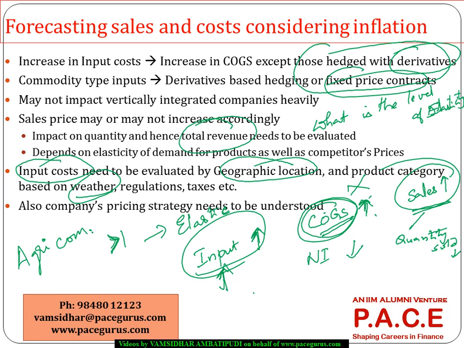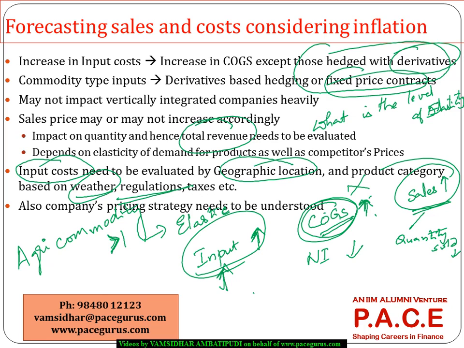In some cases, the input costs change drastically due to government regulations. So as an analyst, there should be a heavy focus on what scenarios can drive the input costs higher, and if these input costs are going up, whether the company can maintain its COGS, or whether the COGS has to be raised accordingly.